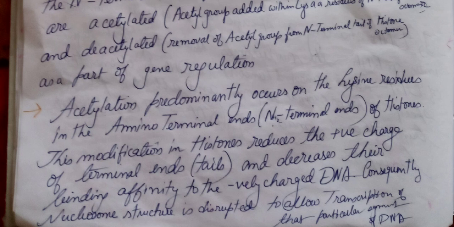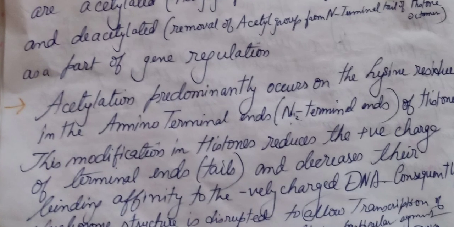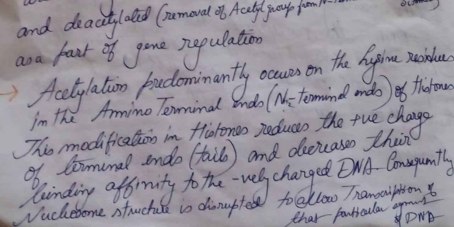There will be reduced binding affinity for the DNA, because DNA is negatively charged, and with the help of positively charged amino acids, these histones bind with the DNA. Most of the positively charged amino acids of the histone are found at the tail.